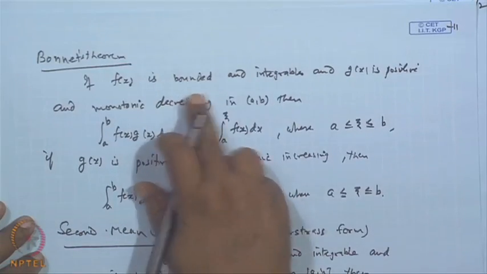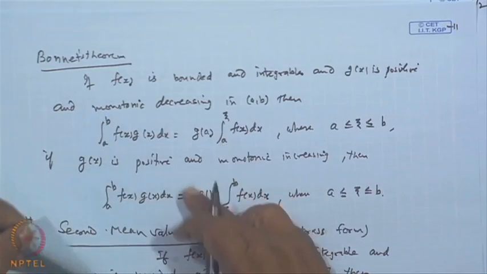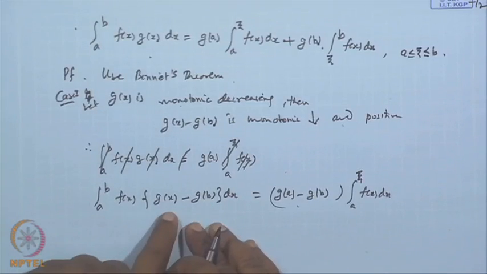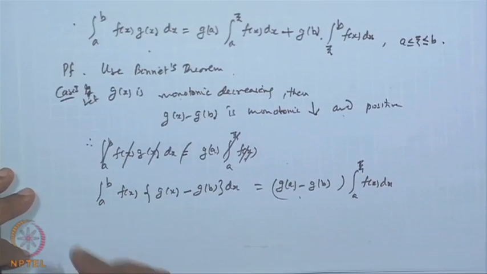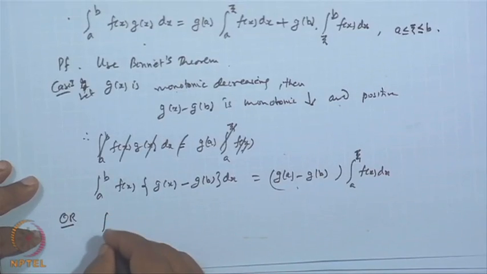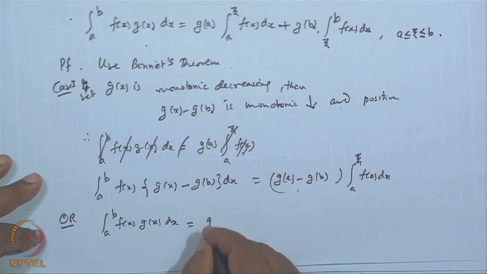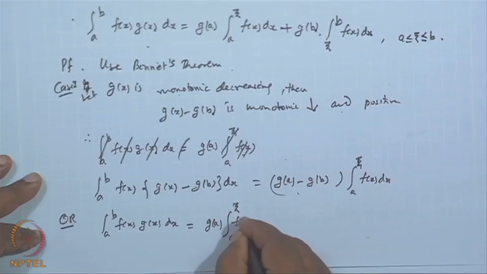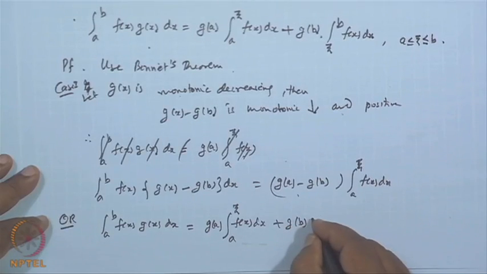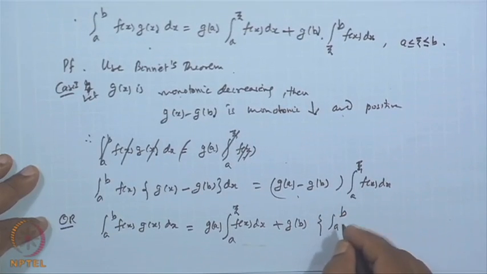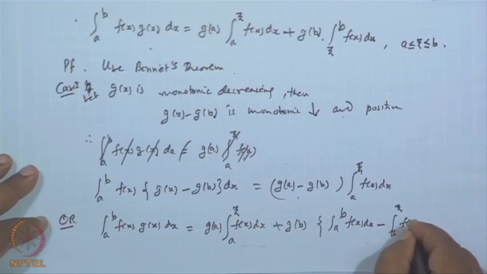Bonnet's theorem says if f is bounded, integrable and g(x) is positive and monotonic decreasing, then the integral of f(x) g(x) is g of a times this. So, here this thing is monotonic decreasing and positive. Now this can be written as the integral from a to b of f(x) g(x) dx. Just arrange the terms: g of a times the integral from a to xi of f(x) dx, this term first, and then plus g(b) common, and inside we get the integral from a to b of f(x) dx minus the integral from a to xi of f(x) dx.